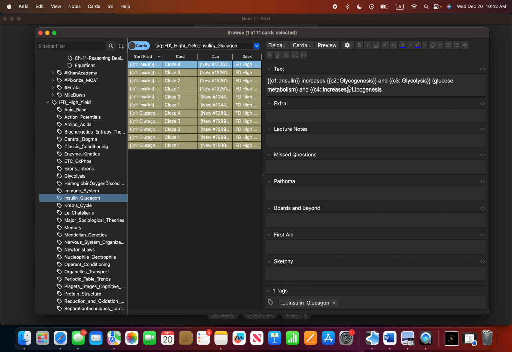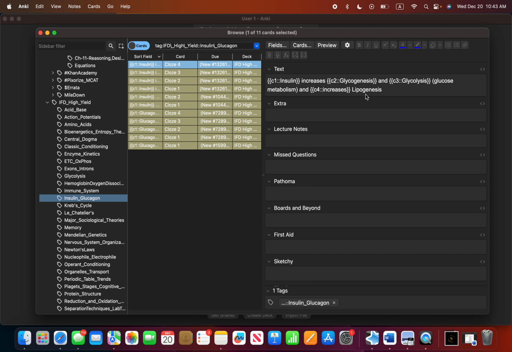We know glycogenesis is making glycogen from glucose, right? And glycolysis, so glucose metabolism. It increases glucose metabolism, right? So it helps to uptake glucose, to bring it into the cells from the blood. And it increases lipogenesis.